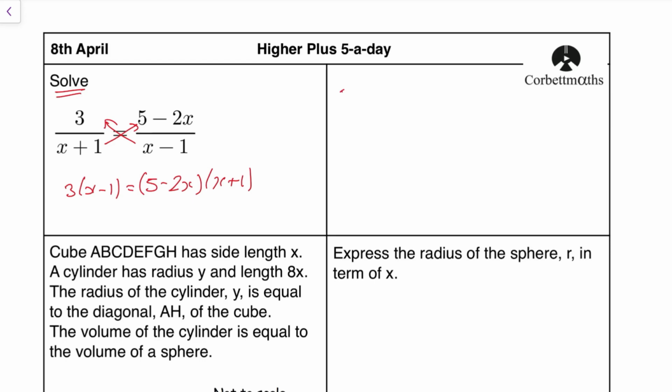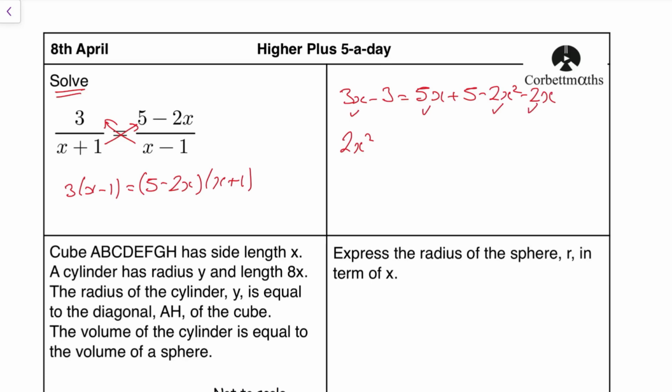Then I'm going to expand it, so it's going to give me 3x minus 3 is equal to, well, I'm just going to do it in order, so 5x plus 5 minus 2x squared minus 2x. Now let's move over to the left, so that's going to give me 2x squared, tick because I've used it, 3x minus 5x is minus 2x, plus 2x, well that goes away, doesn't it?